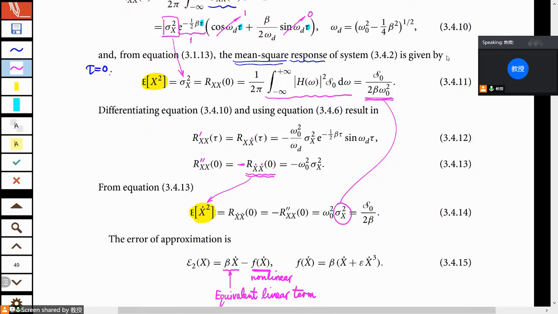The nonlinear term has a beta 0. It's a different beta. Okay, so please add a 0 for this beta. So we want to replace this nonlinear term by the equivalent linear term.